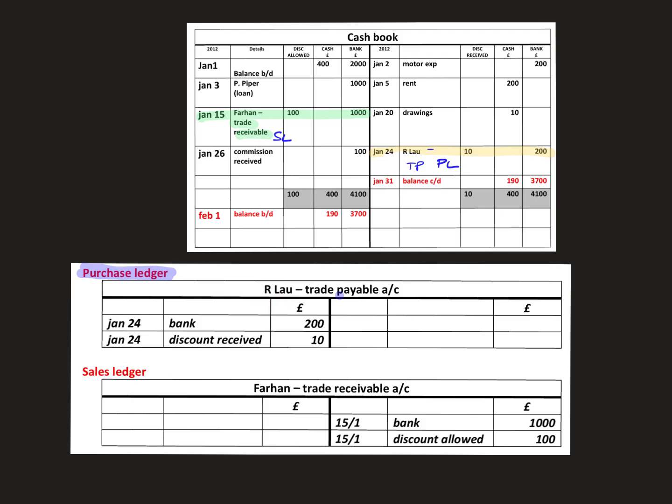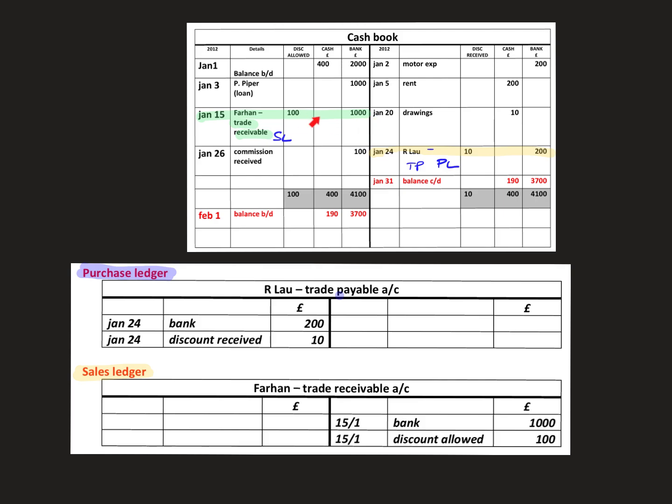On the other hand, trade receivable. On the debit side of the cash book, we can see our trade receivable account, my apologies there. On January 15, Farhan, trade receivable, 100 in discount and 1,000 was received and put into the bank.